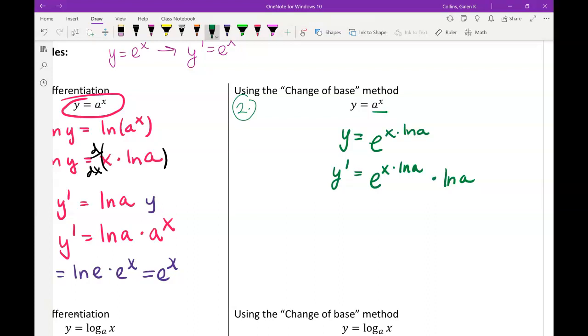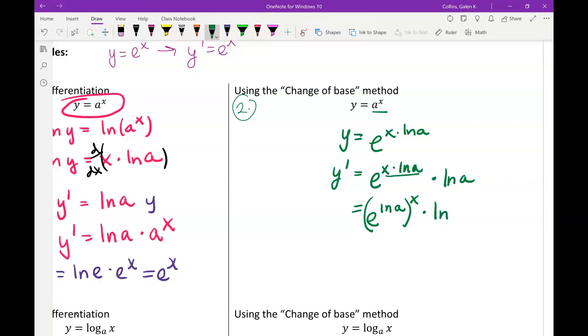So here's where we've got to think about that rewrite. Again, using those properties of logs, I know this is the same as e to the ln of a, all of that to the power of x, because if I have two things being multiplied as an exponent, I could write that as a power of powers like that.